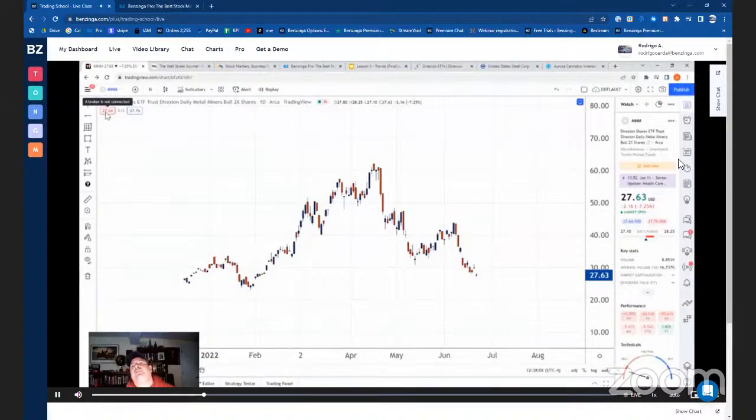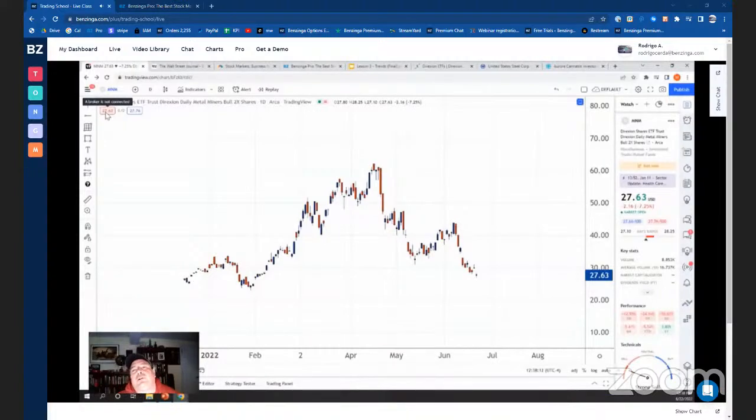I guess it could have some use in the sense of a really illiquid stock. I shouldn't say it's a complete waste of time, because there are some scenarios where it could be of value. Say you have a really illiquid stock. Maybe there's someone out there who really wants to buy it. They don't want to mess around, and they just want to show, hey, I'm willing to post a bid here. I'm willing to buy 5,000 shares. I know it's illiquid, but I'm willing to take the risk. But I don't want to keep messing around.